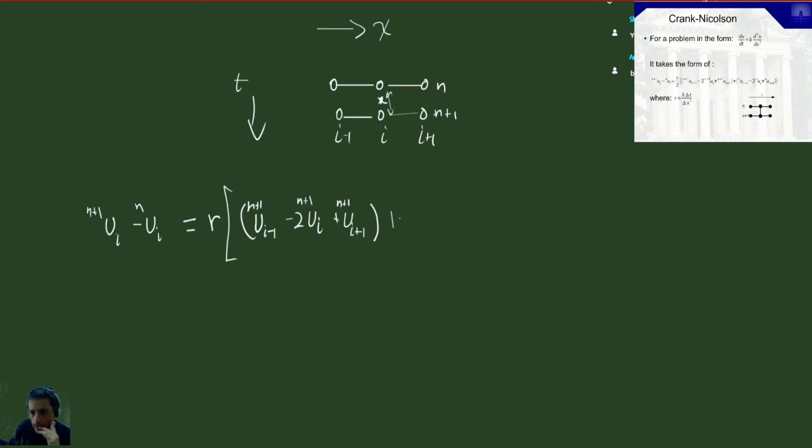But I want to add the previous time also. So I have the same three nodes, exactly the same three nodes, but those are taken at time n. And now because I take the average, how do I find the average of two values?